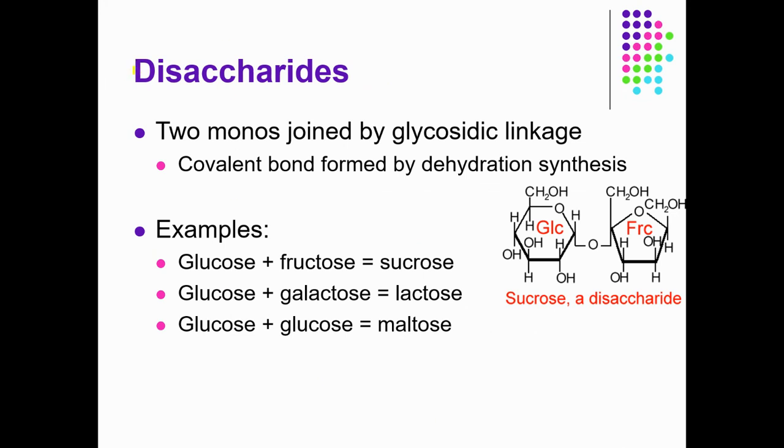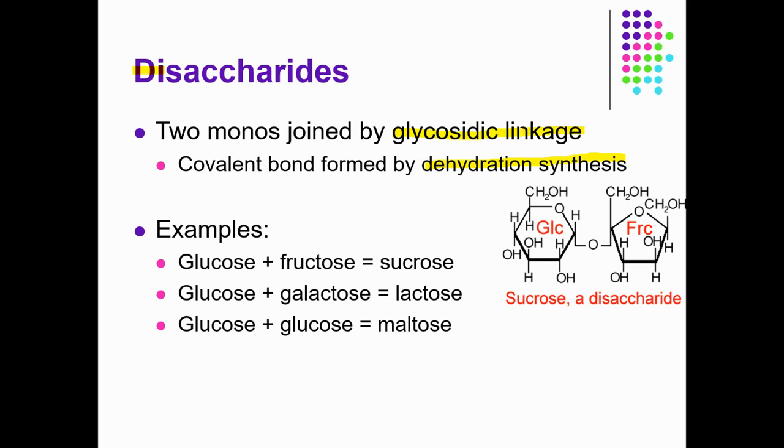All right, our next group are our disaccharides. Once again, di means double or two. And so in this case, we have two monos that are going to be joined together. Now this is going to be a dehydration synthesis reaction that happens, which means that a covalent bond is formed and a water molecule comes out. And so the covalent bond that we're dealing with in carbohydrates is called a glycosidic linkage, okay? A glycosidic linkage.